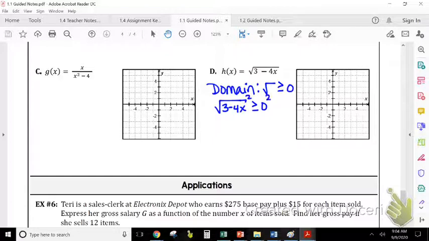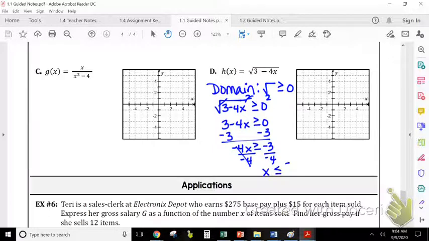Well, we can square this, and so we get 3 minus 4x greater than or equal to 0. Subtract the 3. So negative 4x is greater than or equal to negative 3. Divide by the negative 4. Now be careful, because remember, when you divide by a negative, you're going to flip that sign, okay?